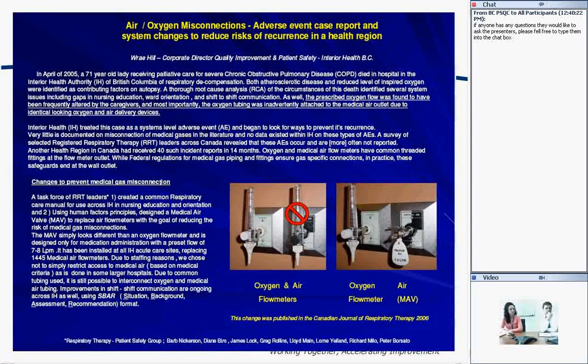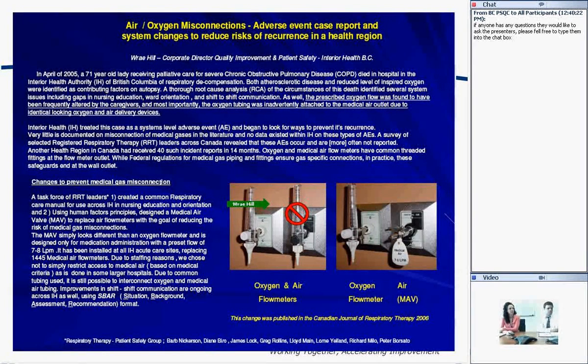So here's an example from 2005. There was a death resulting from a patient receiving air rather than oxygen. He was actually receiving both simultaneously. This is a problem as a respiratory therapist I had seen over the years again and again, and was able to suggest with some other individuals ways to correct that.